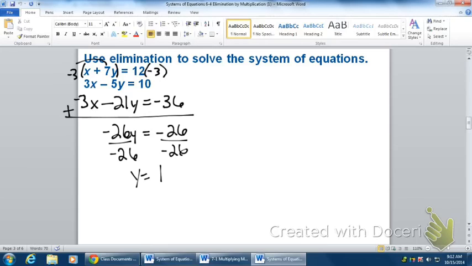Now, once you have this, you need to go ahead and solve for x. You can use either one of those equations up top, it doesn't matter. Let's use that first original equation. That looks pretty simple, because all I'm doing is substituting that 1 in for y.